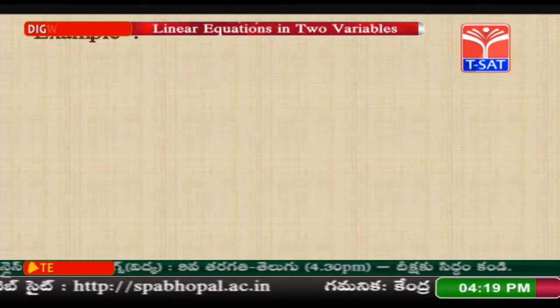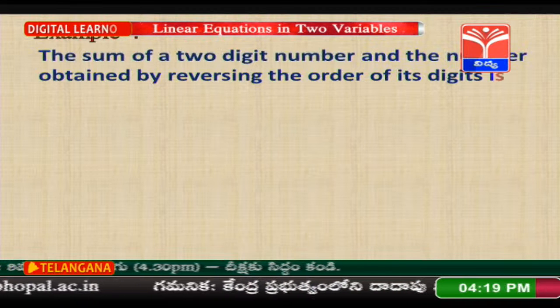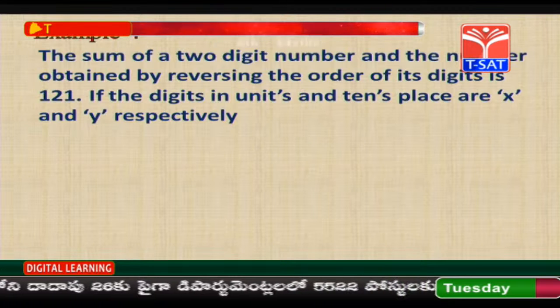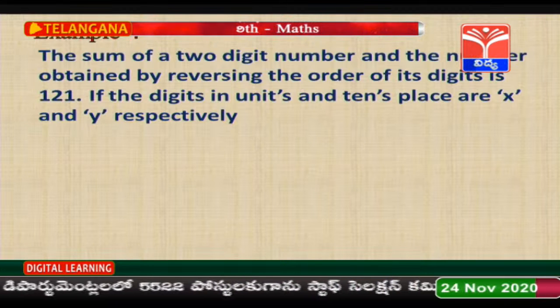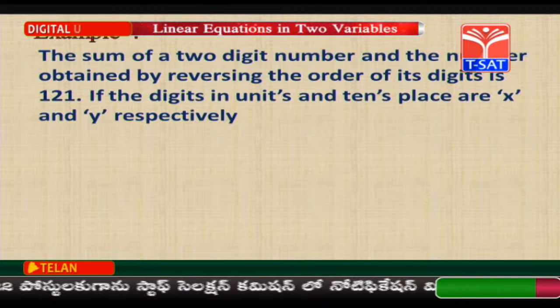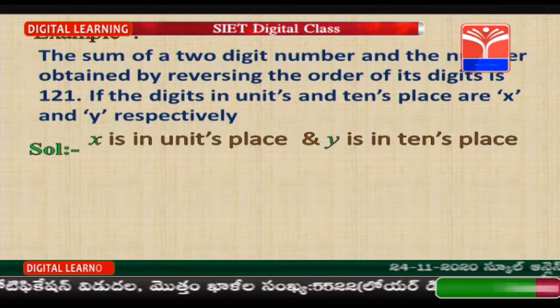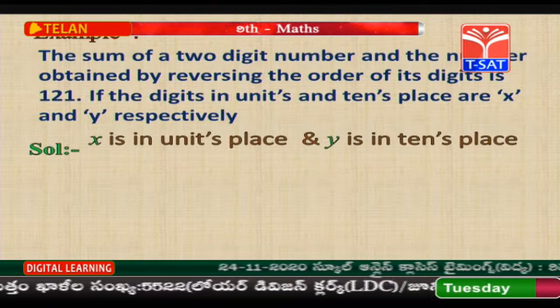Now, example 4. The sum of a 2 digit number and the number obtained by reversing the order of its digits is 121. If the digits in units and tens place are x and y respectively, x is in units place and y is in tens place. Are you clear now?